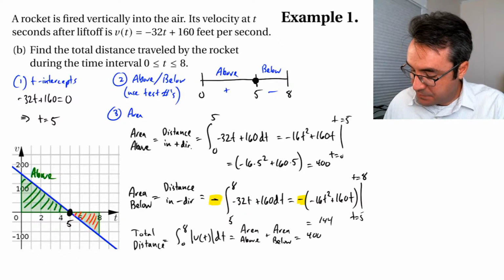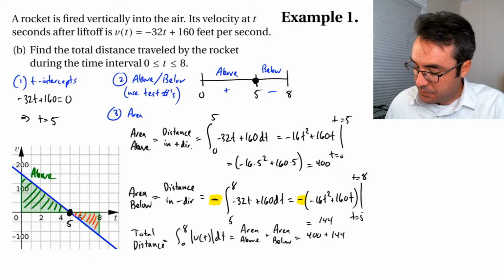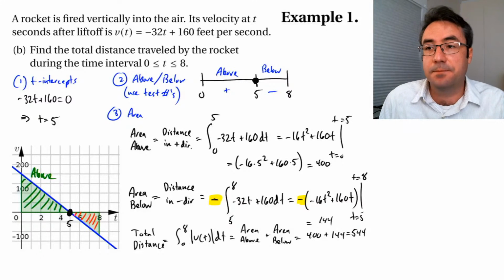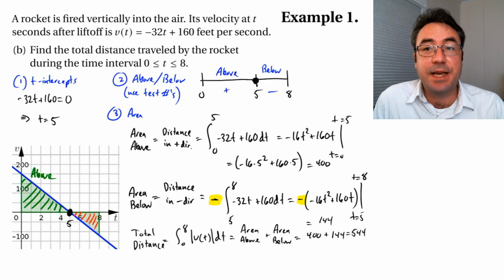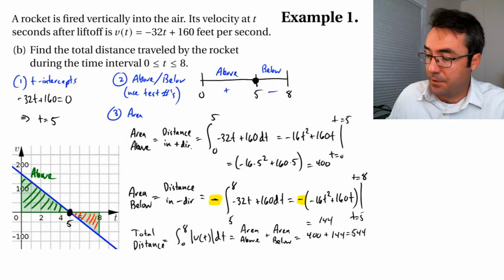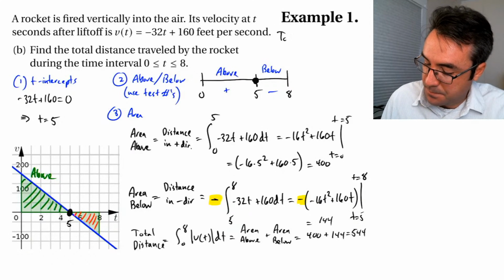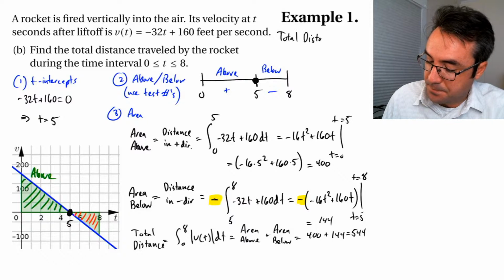So area above is 400 plus area below is 144, and we end up with 544. So the total distance that we traveled during this time interval is 544 feet.